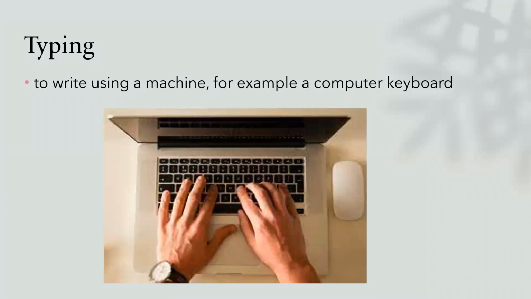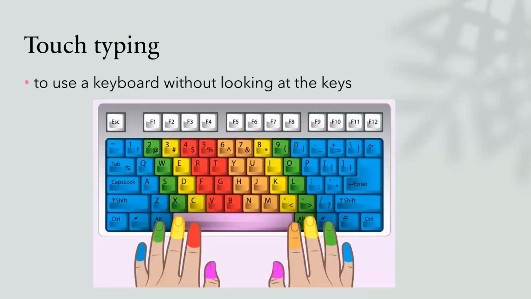And we've got a different kind of writing. It's typing. So we use a machine to write, and for example, a computer keyboard. Here, this keyboard is in a laptop. Sometimes we use only two pointing fingers to write on the keyboard. But we can also use a special method. Look here, it's called touch typing. So you don't look at the keyboard.